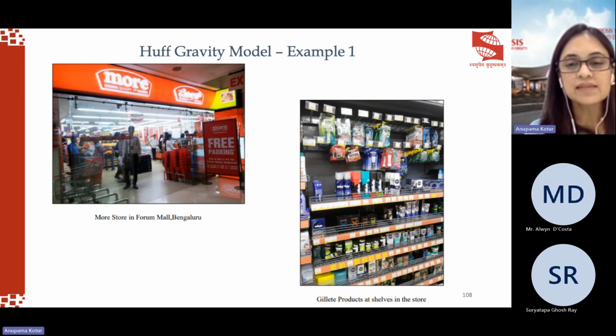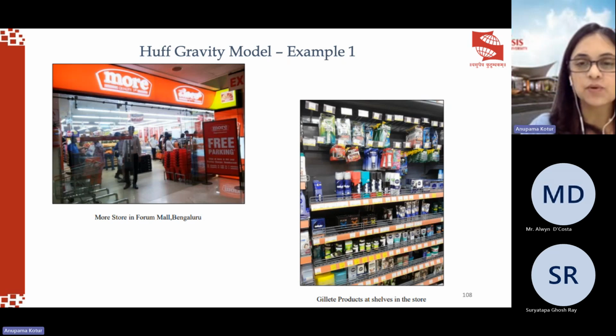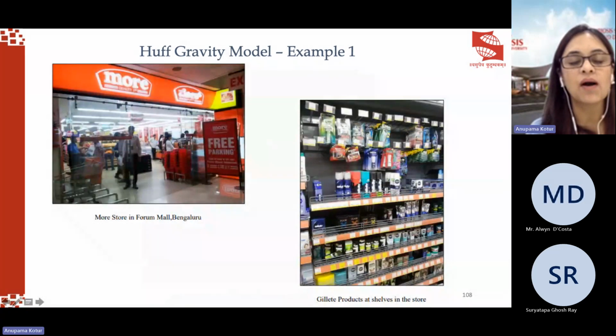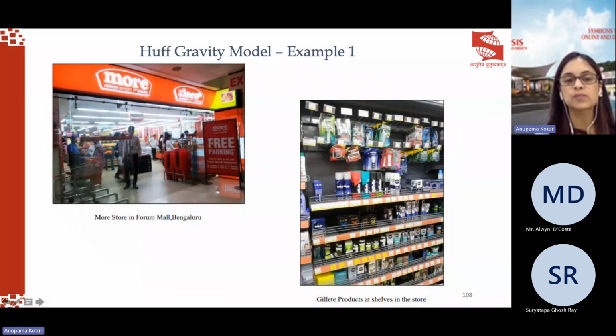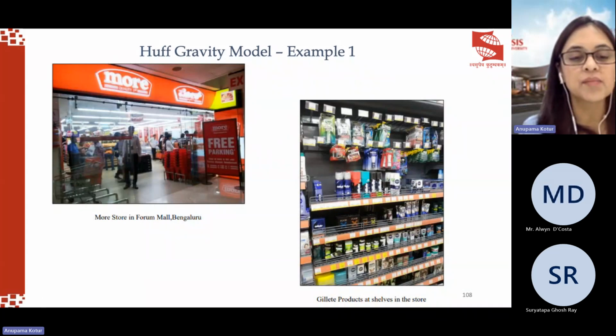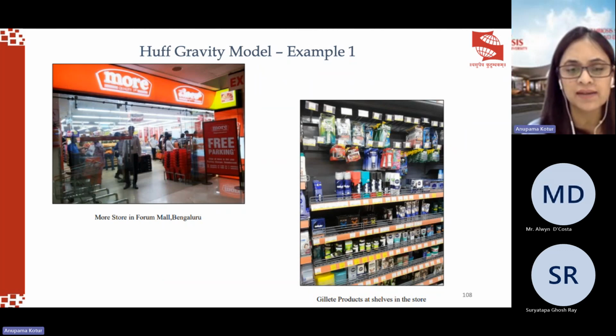So in this case, let's go to this example of a supermarket called More, and they are considering opening their shop in a mall in Bangalore called Forum Mall, one of the very first malls that opened in Bangalore, Koramangala.